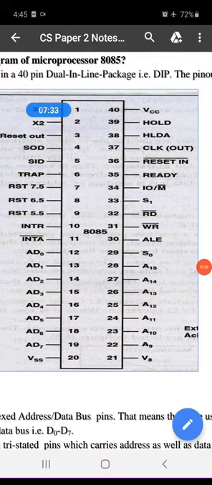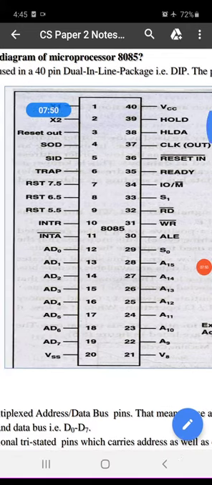So HOLD and then hold acknowledge provide peripheral devices the indication that the processor is using DMA. And the last one is pin 40, which is VCC, provided with a plus 5 volt supply.